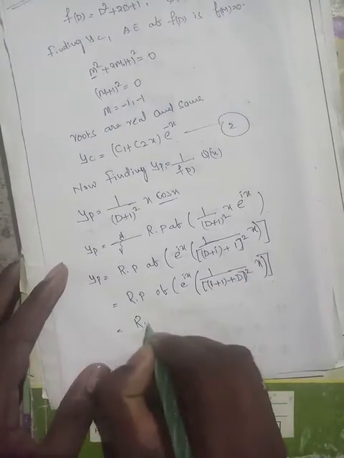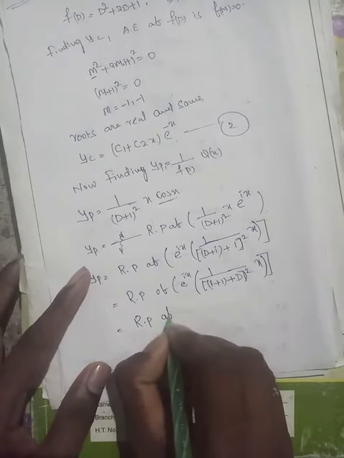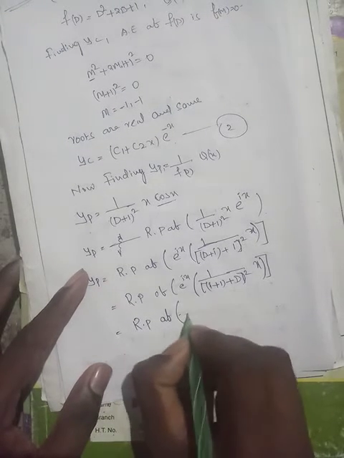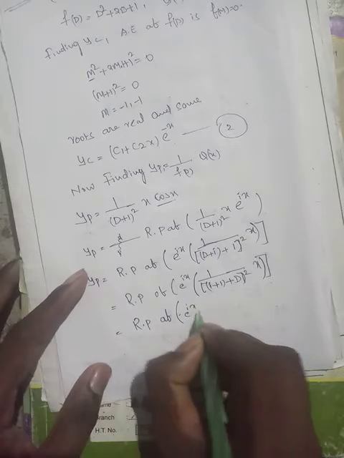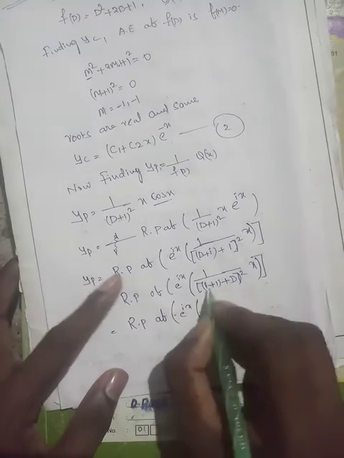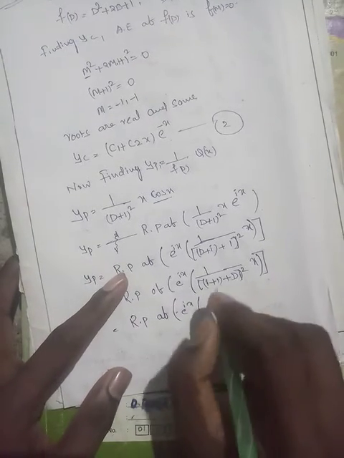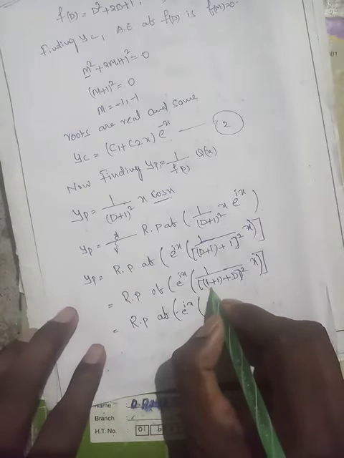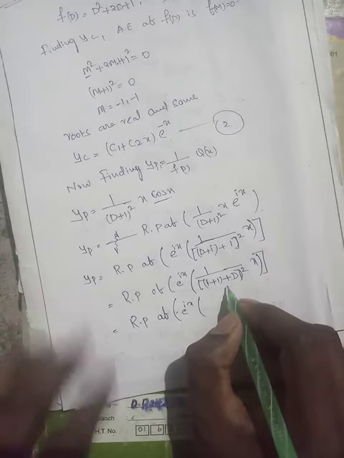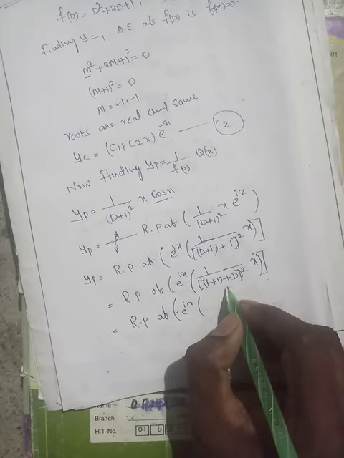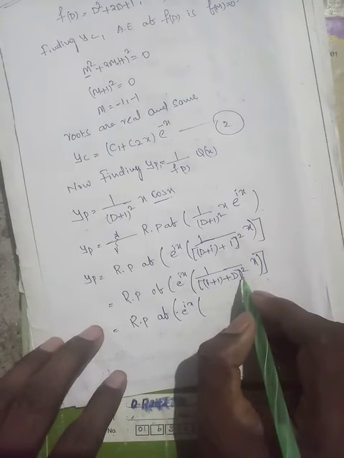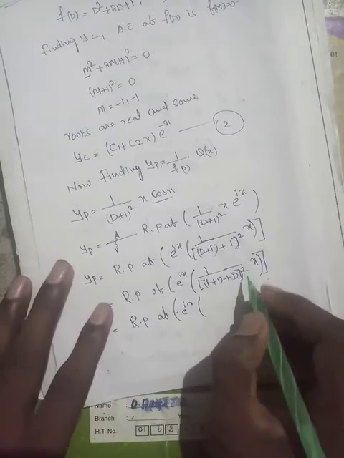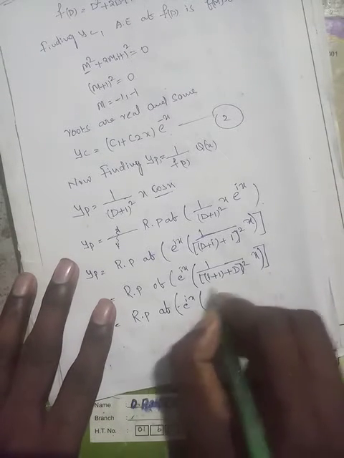So real part of e power ix. For this I should write f of d in the form of 1 plus or minus d whole power n. I need to write it like that, so I need to convert that.